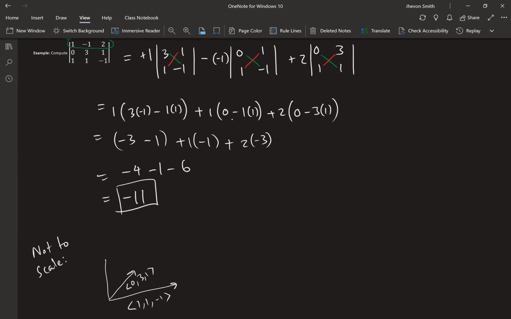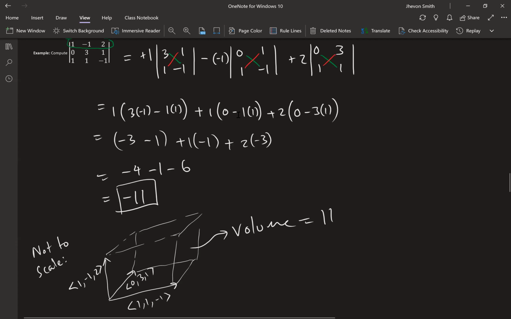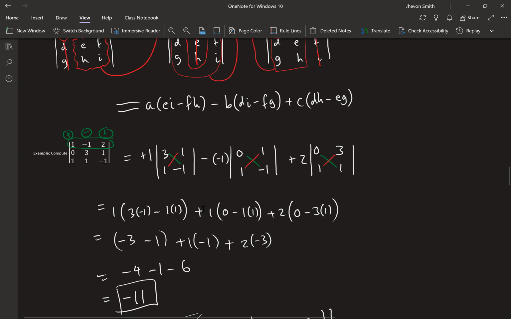And there's another vector pointing here, and that is the vector 1, minus 1, comma 2. If I were to create a box, or quote unquote, a parallelepiped, then the volume of such a box would be 11 cubic units. Okay, so that's the physical interpretation to this number, but that's how you'd actually do the computation.